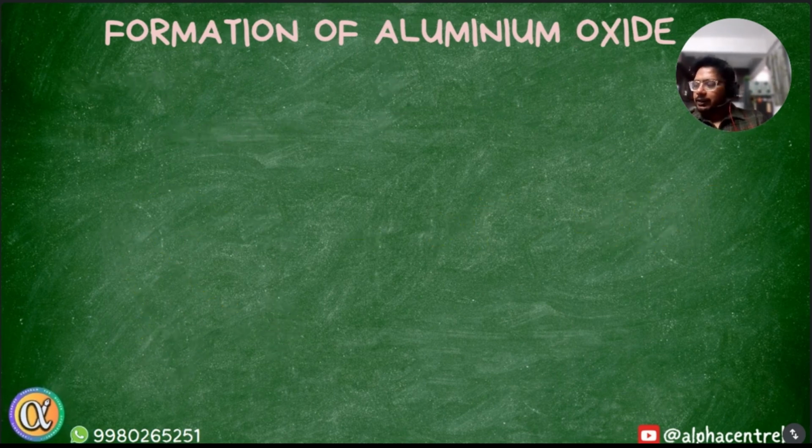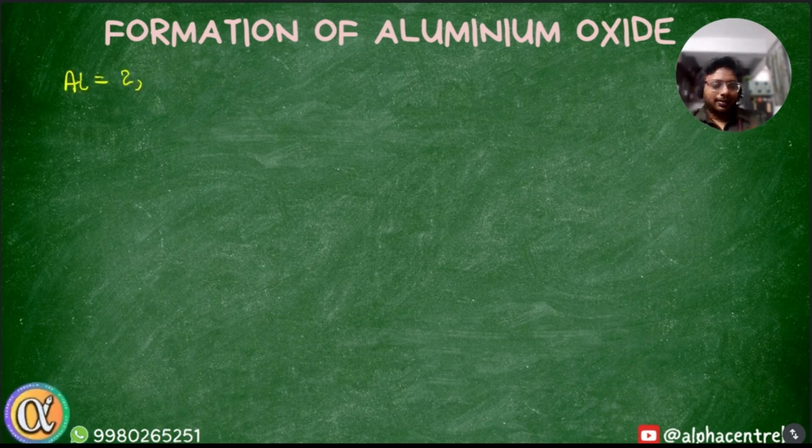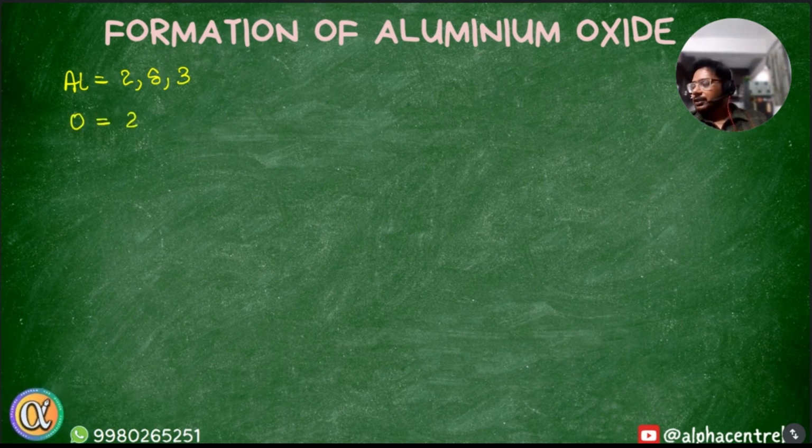Formation of aluminium oxide. So aluminium is 2, 8, 3. And then oxygen, atomic number is 8, so the electronic configuration will be 2 and 6.